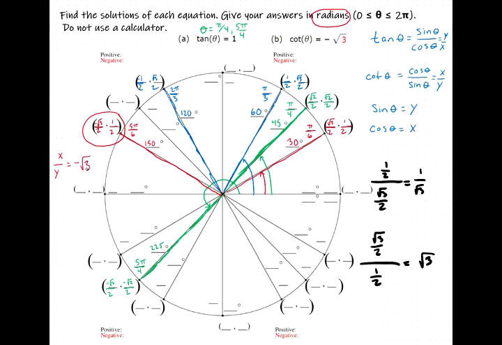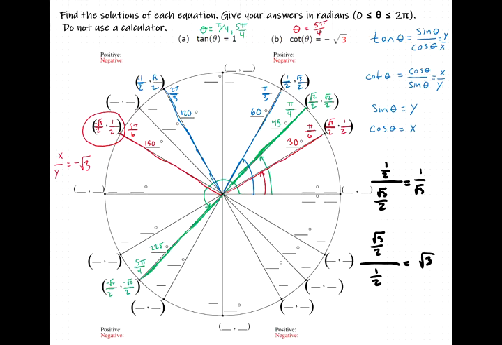So the cotangent of theta equals negative square root of 3 at an angle of 5 pi over 4 radians.